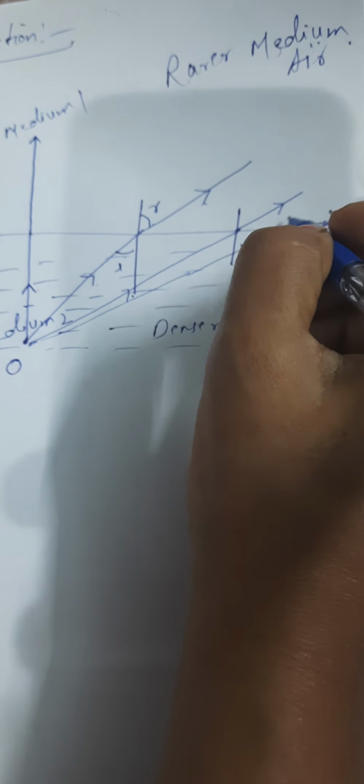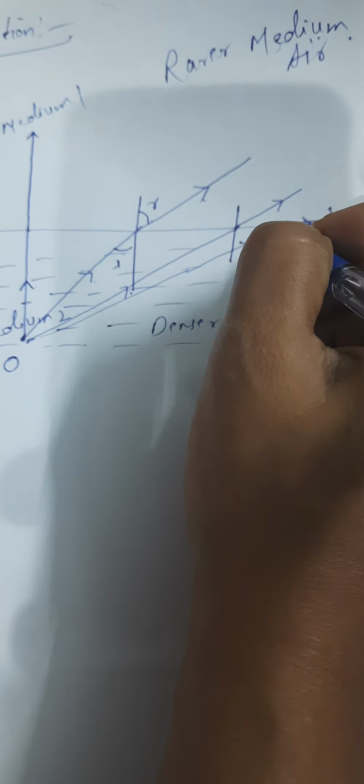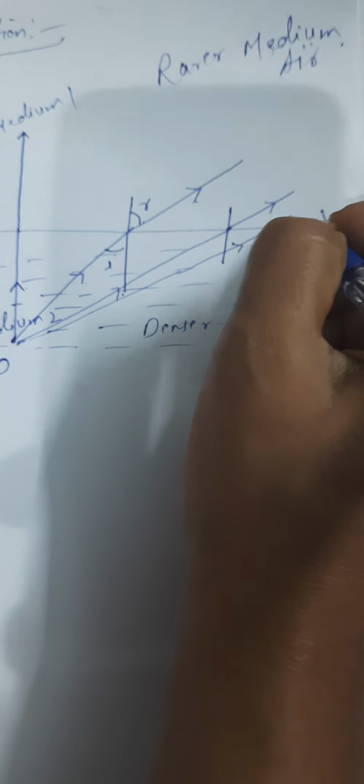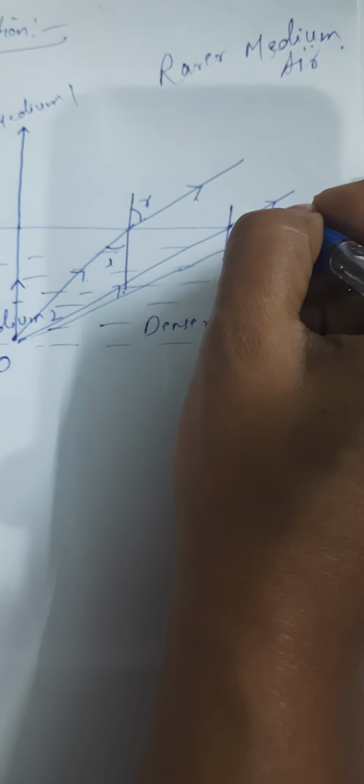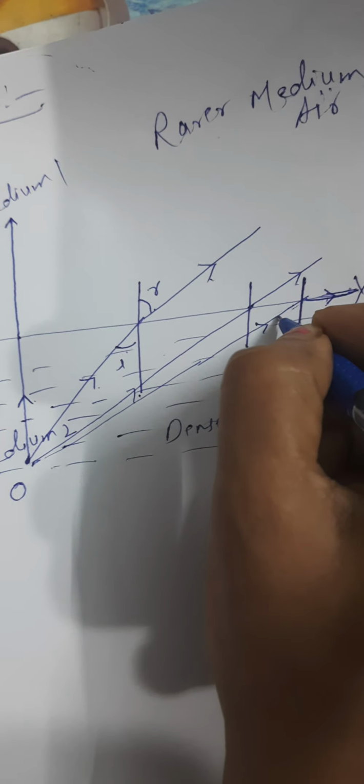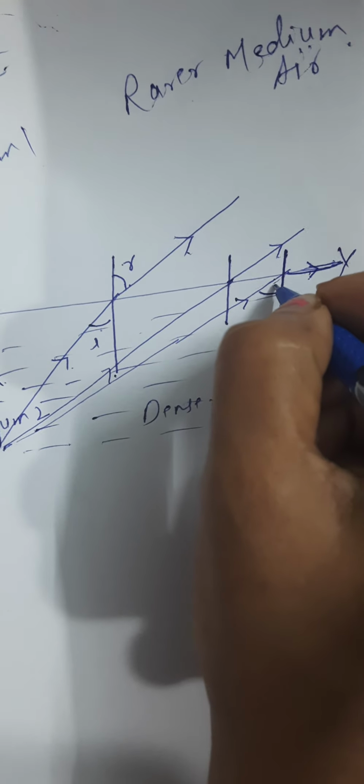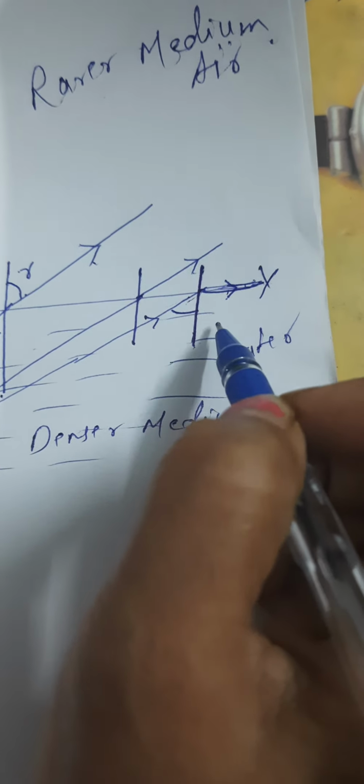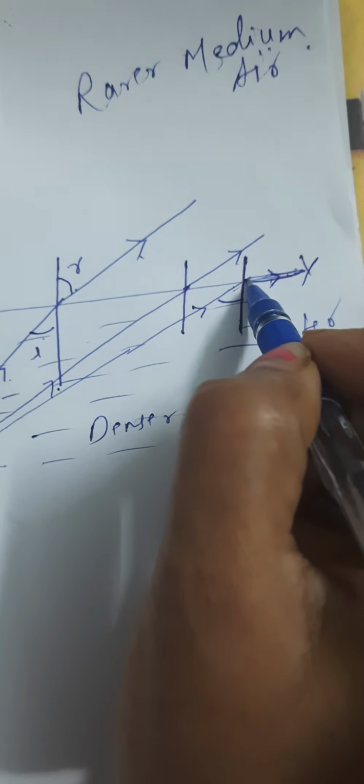This is the angle of incidence here, and the angle of incidence in the denser medium for which the angle of refraction is 90 degrees in the rarer medium is called the critical angle.